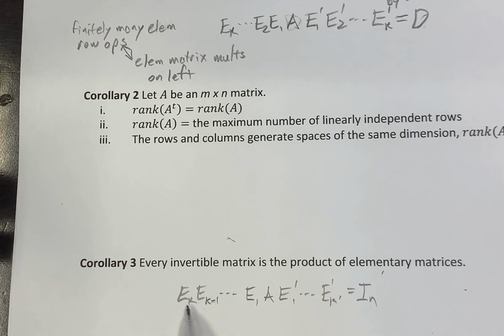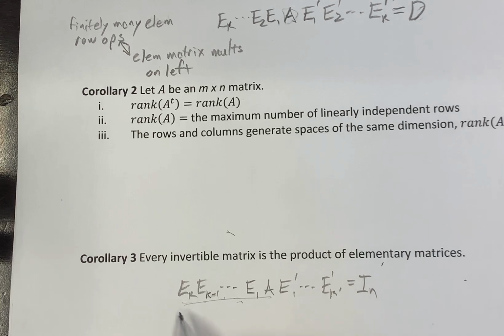I guess I should multiply on the left by the inverse of these, which is also elementary matrices, right? The inverse of an elementary matrix is an elementary matrix. Multiply on the left by those, multiply on the right by the inverses of those. So A equals, let's see, if we multiplied on the left, it should be E1 inverse, E2 inverse, out to EK inverse.